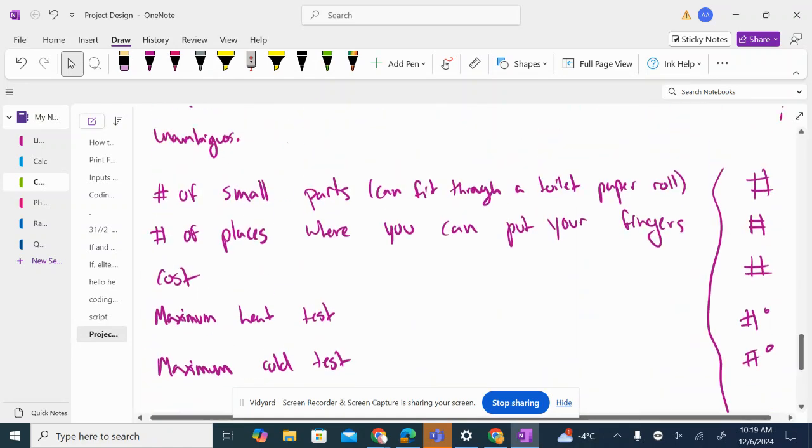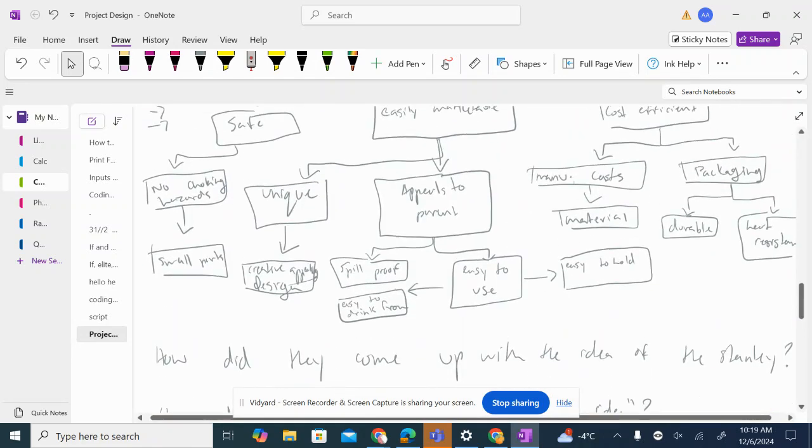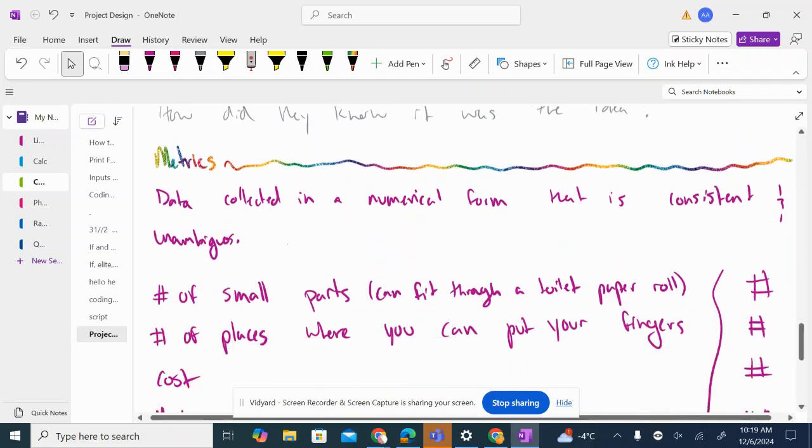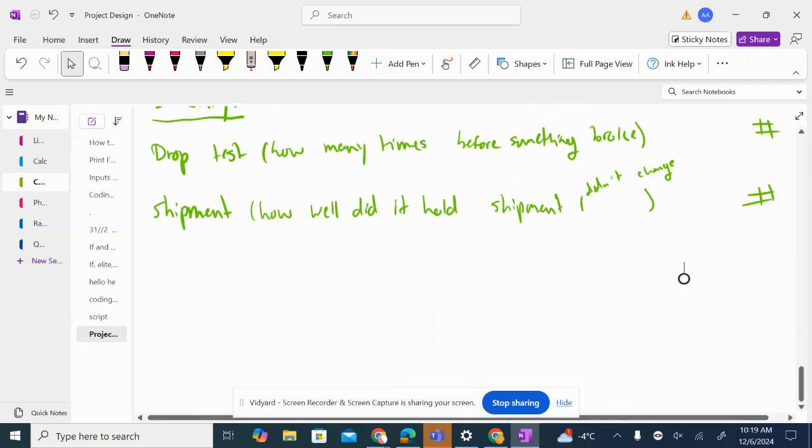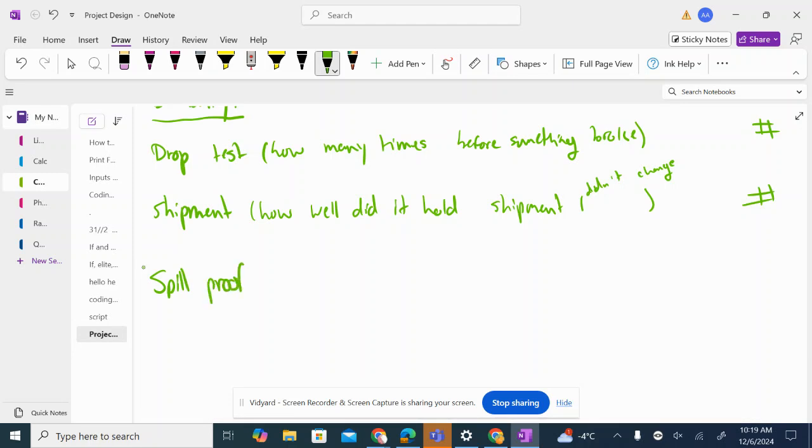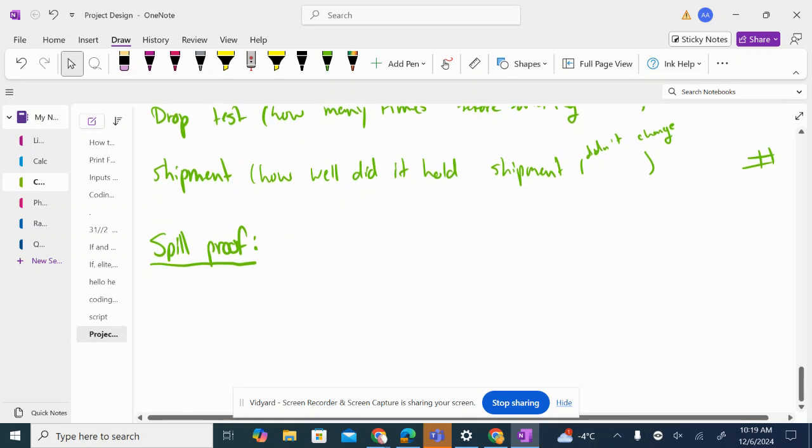All right, now let's take a look at something else that we could use: spill proof. We need to make sure there's no way to test this. Is there a way to test this? That's a question we have to keep asking ourselves. Is there a way to test any of these metrics, even if it's not necessarily traditional or ideal?